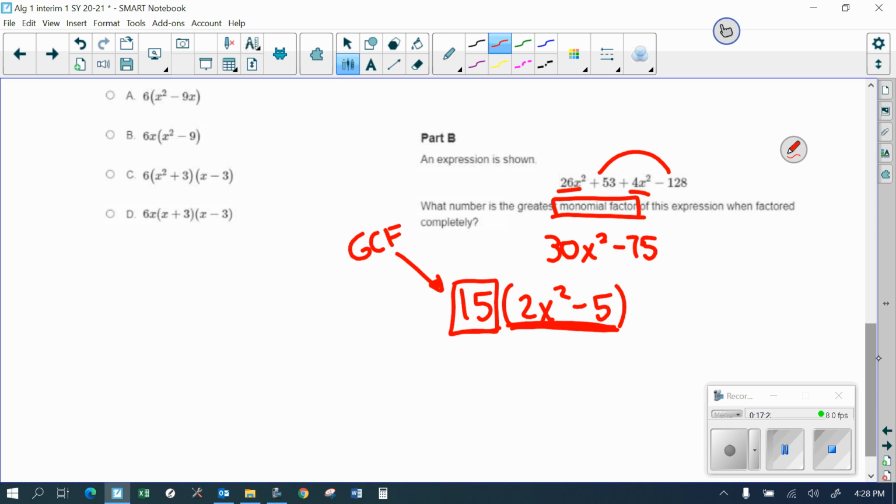Whew, I can't believe they throw that on there like that. They should have asked what's the GCF, and then it'd be 15. I don't think I've ever seen a question asked like that before, because I would have just automatically thought GCF 15.